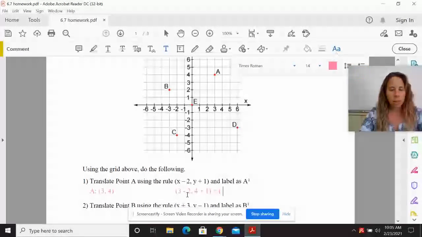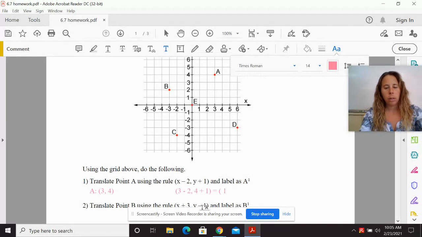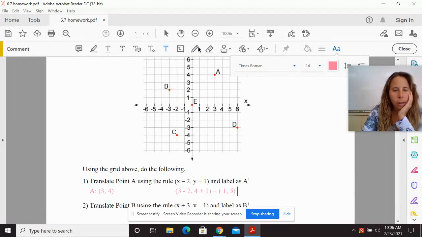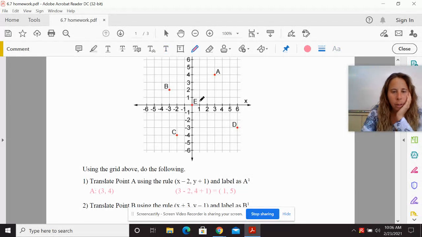So 3 minus 2 is 1, and 4 plus 1 is 5. So that is your new point. Your new point is 1, 5.